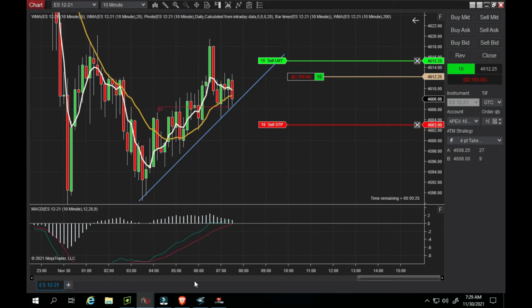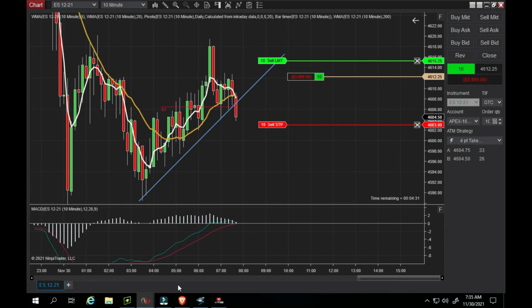And with the 10-minute chart, like I said, it really didn't show too many indicators or entry signs, but as the time went on, it started moving in my direction, and I ended up getting a good trade out of this.